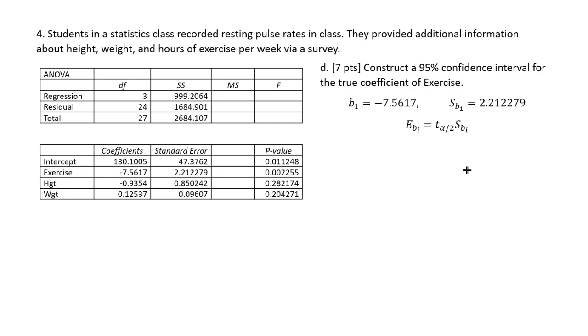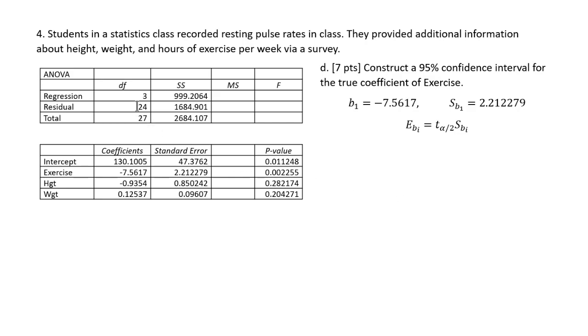And because our residual degrees of freedom is 24, and this is not bigger than 30, we have to use the t distribution. If this is really big, then you can just use the z distribution.